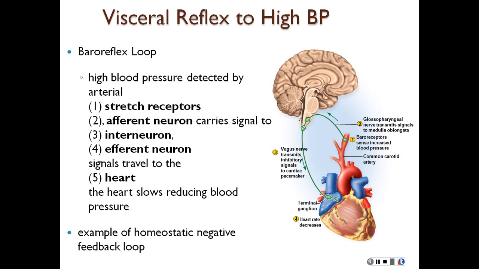So if it beats faster, guess what? Those blood vessels kind of feel like they're staying stretched. Okay. So every time the heart beats, the vessels stretch, and then they relax, then they stretch, then they relax. So if they're stretching a lot, they just feel like they're being stretched too much, never relaxing, kind of. So the brain sends a signal for the heart to contract slower, so at least it does get some relaxation time. Okay?